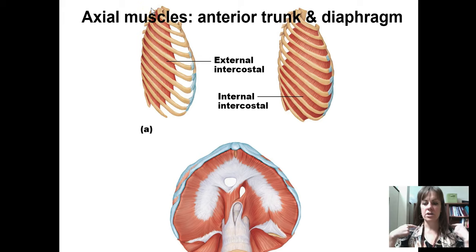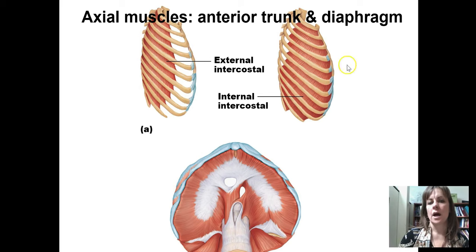They start out here and go across this way, and if we keep going with our fingers, they make an X. So external intercostals make an X, and internal intercostals do not.